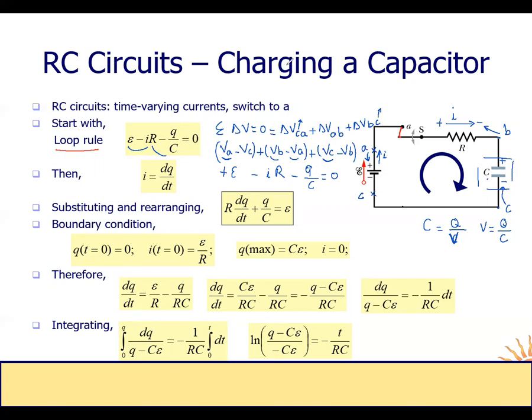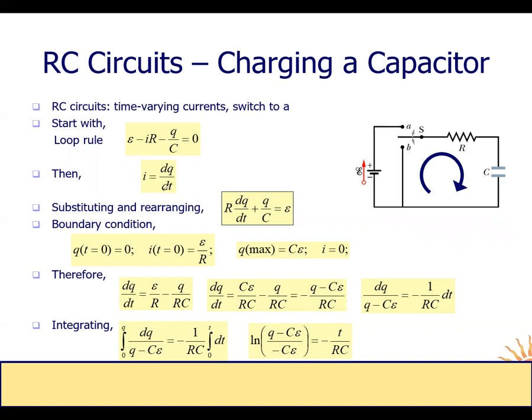And you know here that I equals dq divided by dt. We can substitute the value of I here, and we can simplify the relation. Here we can put minus, plus, plus, and we put this term here.